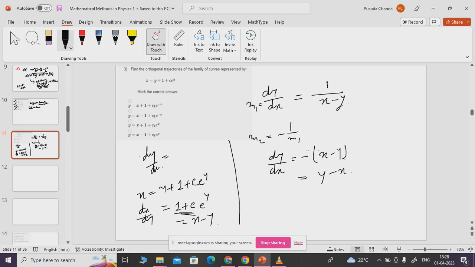Now we need to integrate that. So we can write dy dx minus y minus x.